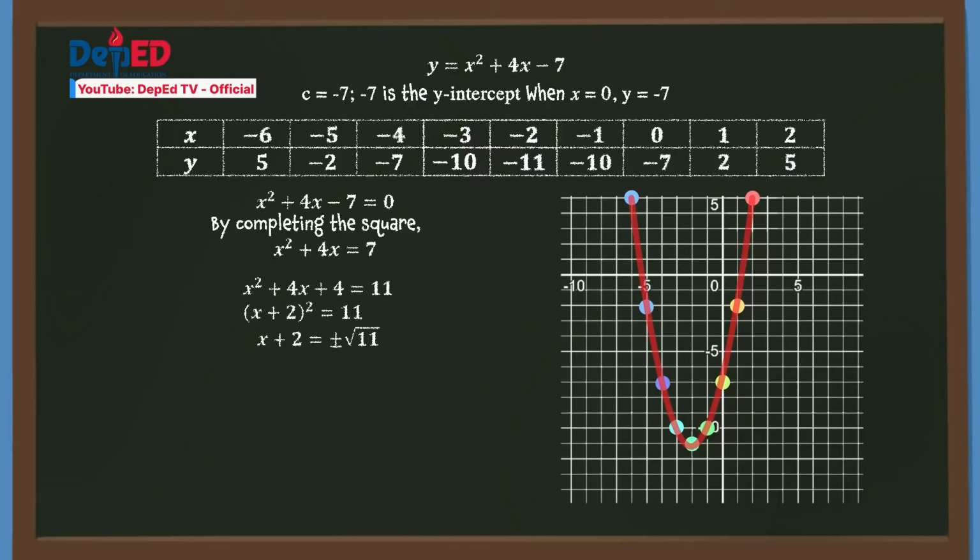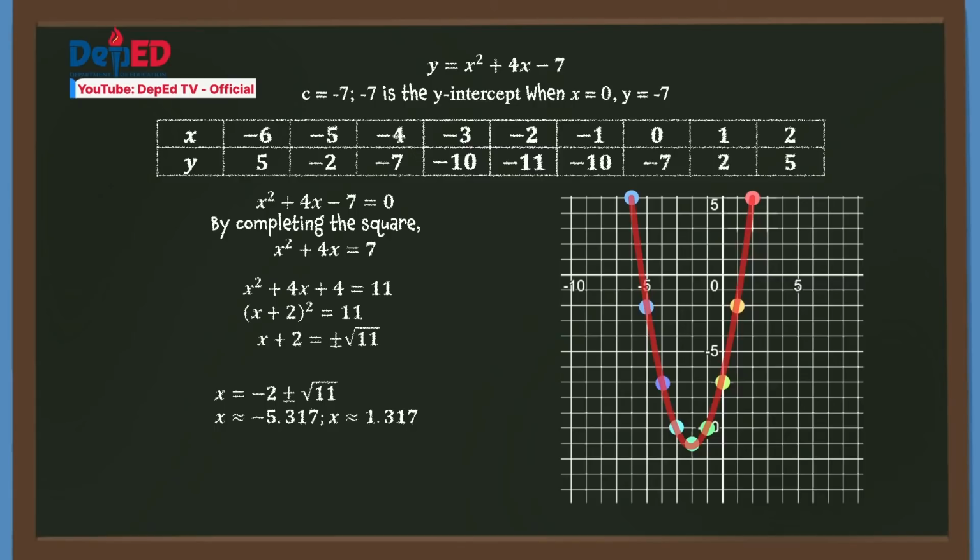And therefore, we have the square of the binomial x plus 2 equals 11. And this means that x plus 2 is equal to positive or negative square root of 11. And x must be equal to -2 plus or minus the square root of 11.